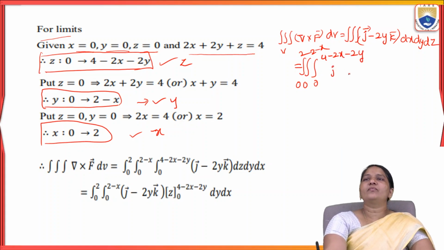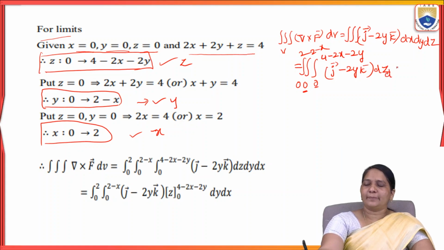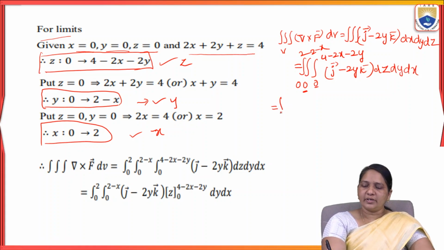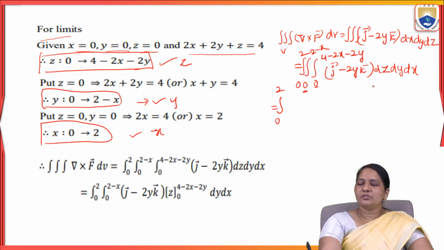Here del cross F value is j bar minus 2y k bar into, so first these limits are z limits, so dz. These limits are y limits, so dy, and dx. Now we are going to integrate this one. This is the constant, so first we have to do with respect to z.